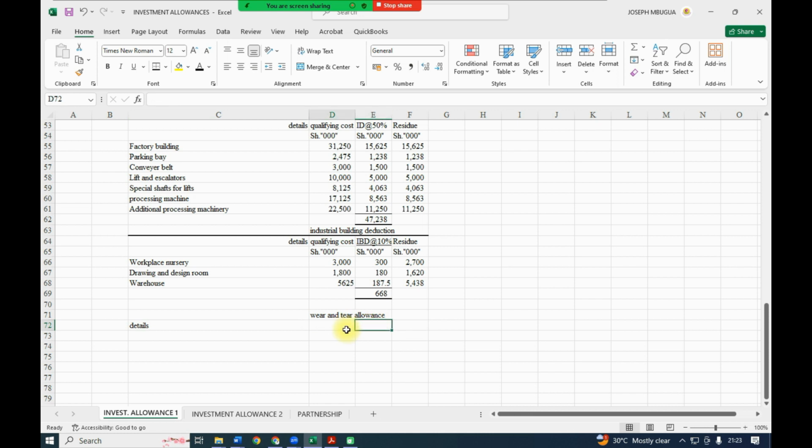We shall have category 1, category 1, category 1, then category 2, category 2, category 2, category 1 and category 2. This is category 1. With that in mind, we shall look at items that qualify for these two categories.